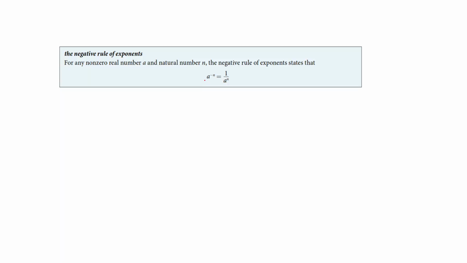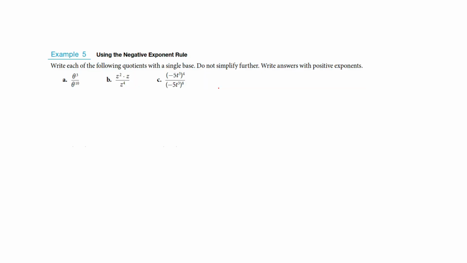Okay. Now a negative exponent becomes a positive by moving it across the fraction line. I can move it down. So it's going to have a lot of applications here. Let me show you how this would work. Let's think of it like this. If we subtracted the top from the bottom, I should get negative 7, right? Well, it'd be easier if I had x to the second over x to the fourth.